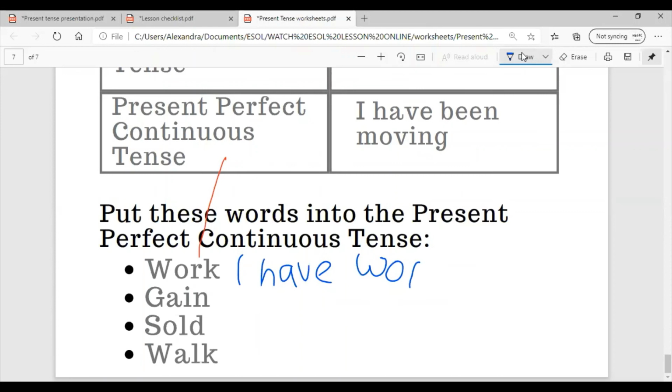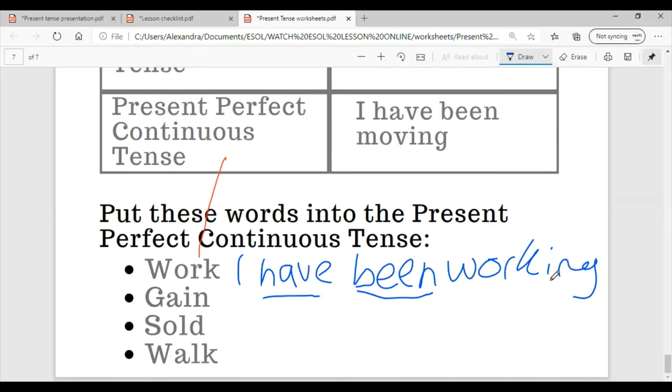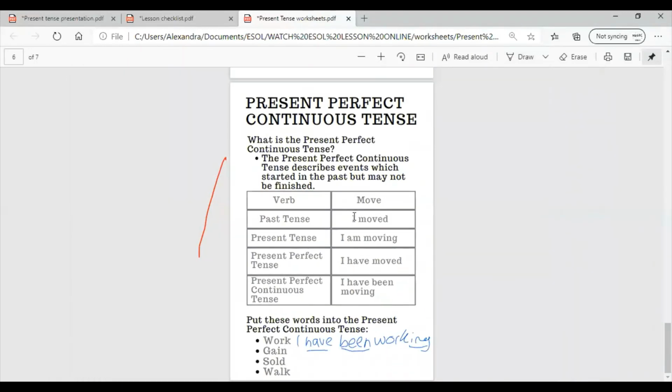Oh no, my mistake. We've got the have been because this is present perfect continuous tense. So we've got I have been working. Because this is present perfect continuous tense, you're going to have the have, the been and the ing ending. And you're just going to do the same for each of the different words. So the worksheets are quite self-explanatory.